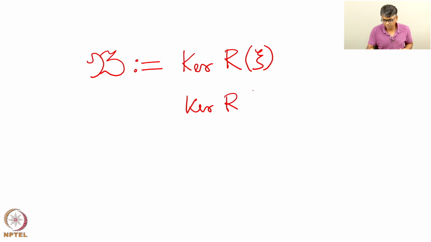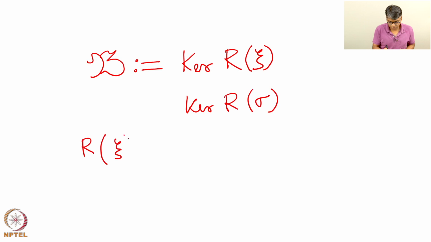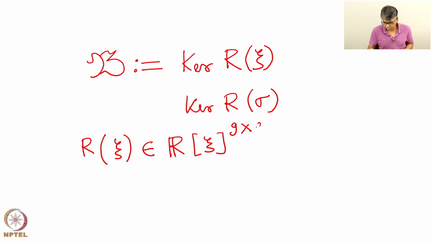where these polynomial matrices for continuous time systems are matrices with entries from the polynomial ring of size G cross Q, where we have Q number of variables of interest and G number of equations.